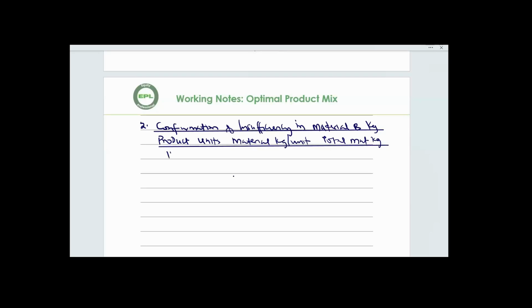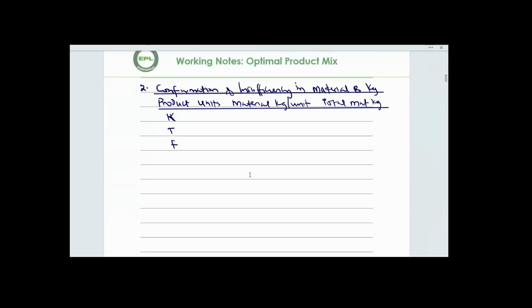So we have products K, T, F. Units, we have calculated 900 for K, 1,200, then 2,000. Okay, so that's that. So we need to determine material kilogram per unit.